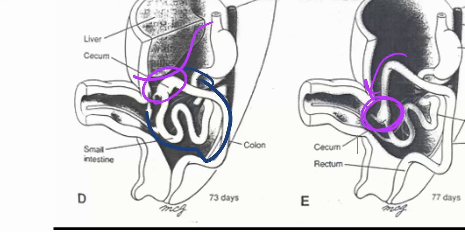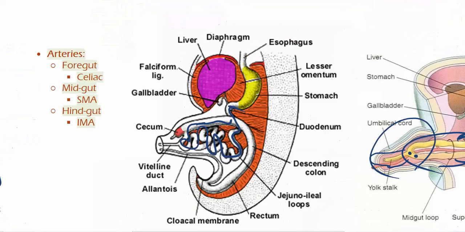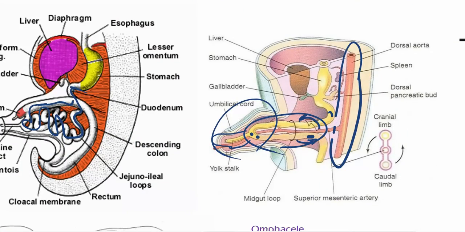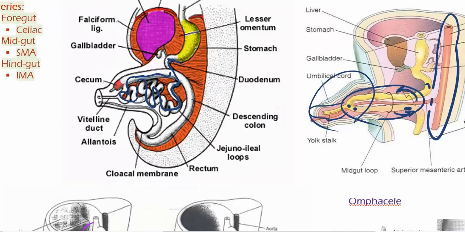The intestines look weird. In a normal case, you have the rotation and the cecum starts there and then it migrates down. But remember, the 270 degrees is already occurring over here.